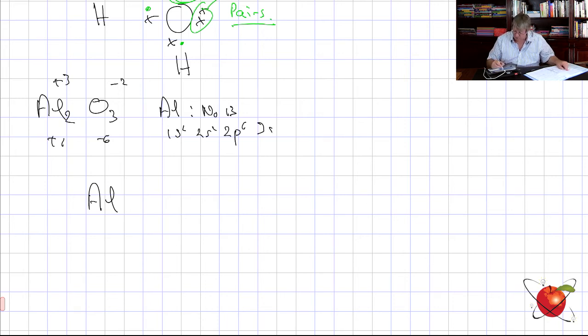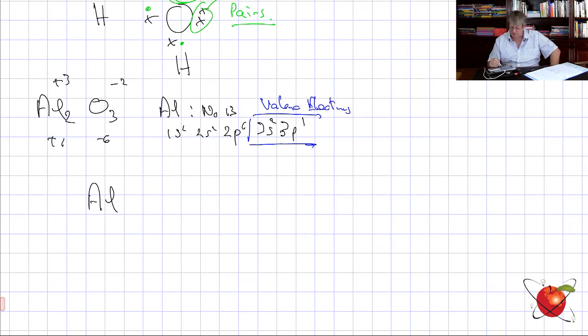So now I've got to go to 3s and 3p. 3s2 and 3p1. So I draw only the outer shell, valence electrons.